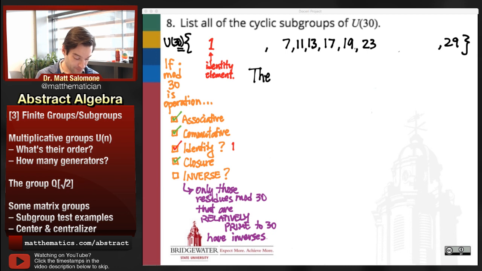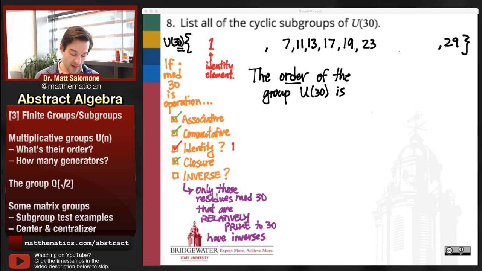So what we can say, for example, is the order. So now here come our new vocabulary words from this chapter. The order of the group U30 is evidently 8, because we've listed all of the elements of this group explicitly at the top of the screen.